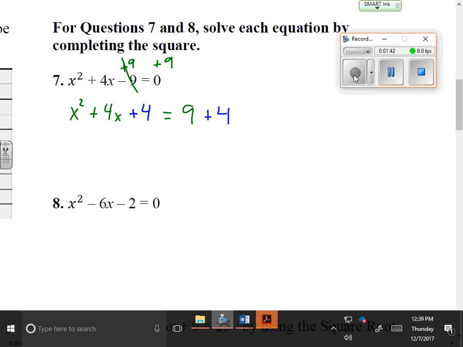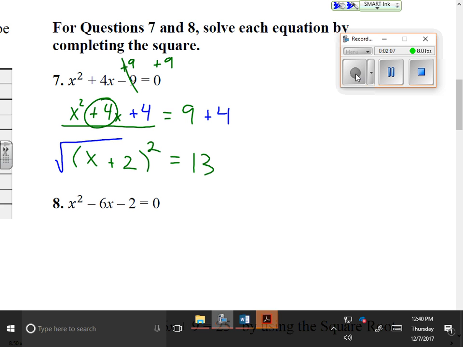Since it's a perfect square trinomial, we can rewrite it as x plus 2, squared, equal to 13. When we take the square root of both sides of the equation, the square root will cancel the square.